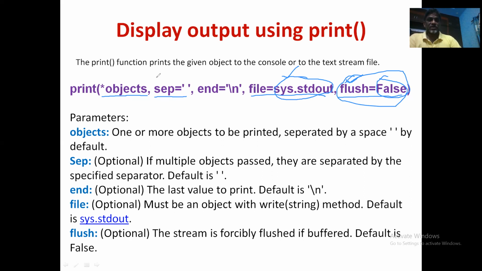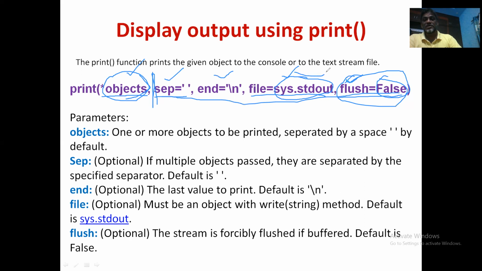Maybe it looks like a complicated one, but actually it is very simple. The first parameter, star objects, that is the object that we want to display, is the only compulsory parameter that you should mention with print, and all the remaining options are optional. Optional means either you specify it or do not specify it.